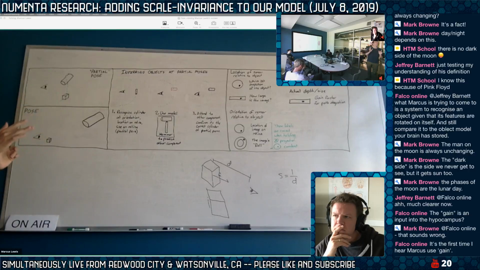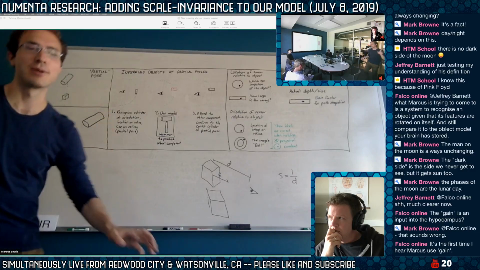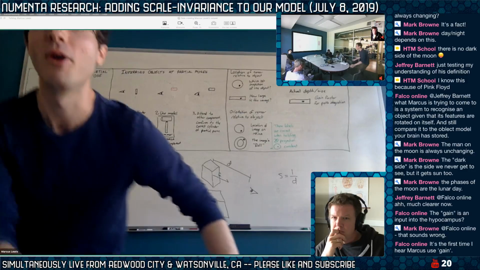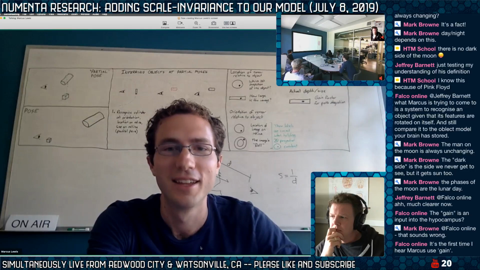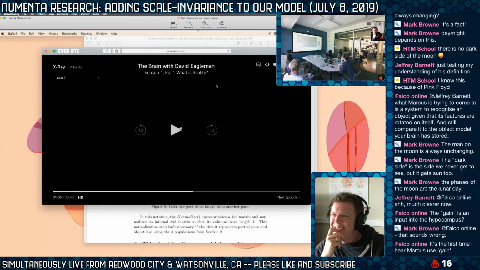The idea is that inference happens in that world. I'll walk through an inference process here, but first I wanted to motivate it with a clip that came to mind. I will bring up our friend David Eagleman.